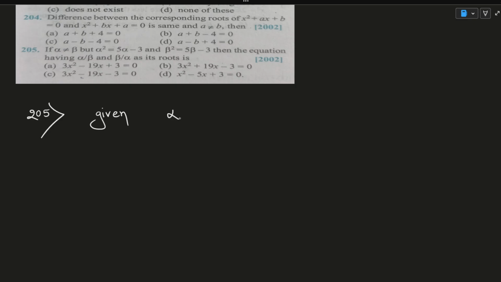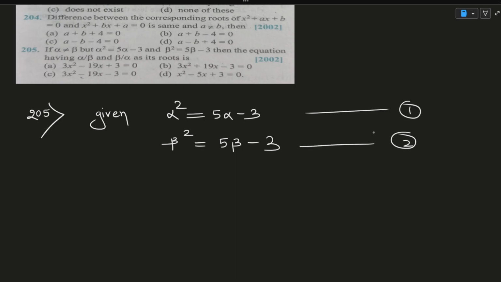two quadratic equations, that is alpha square equal to 5 alpha minus 3 and beta square equal to 5 beta minus 3. Here we are given two equations, and also one note is given, that is alpha is not equal to beta.